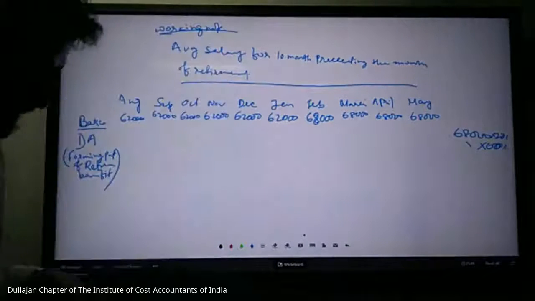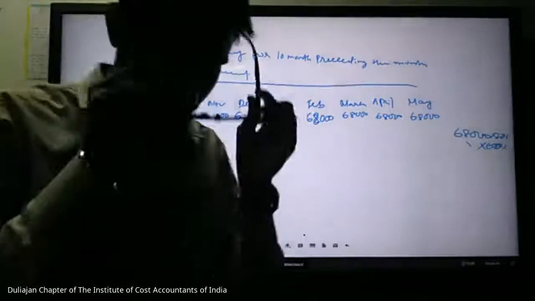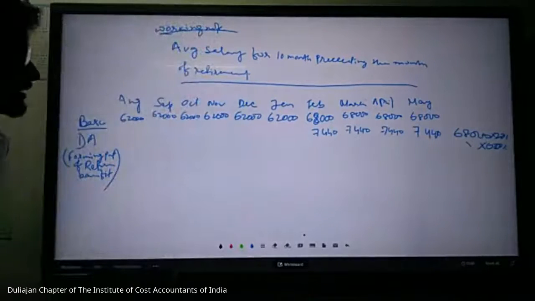कितना amount आता है? 7440. Then इसमें कितना आता है? No, 62,000 का sir.